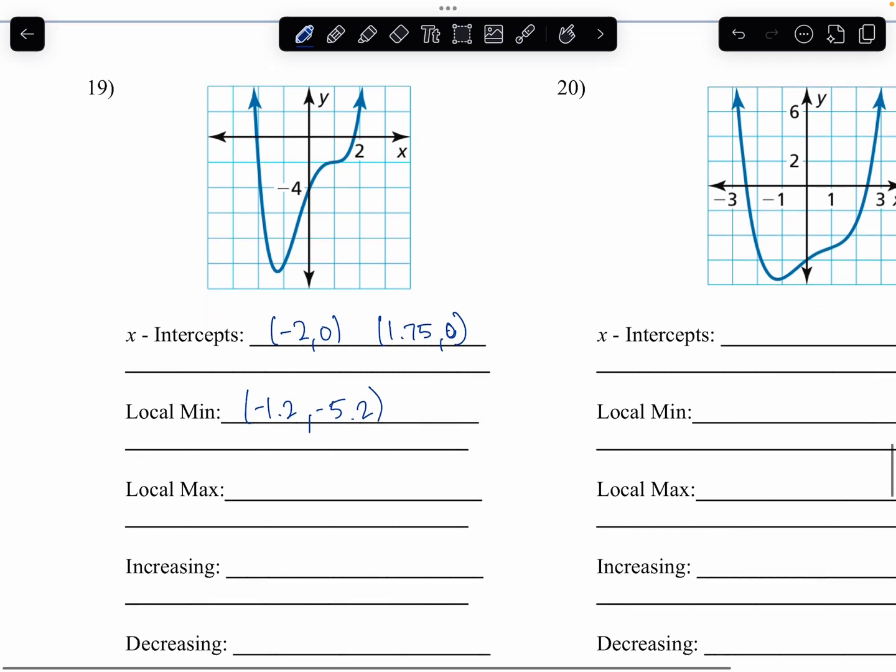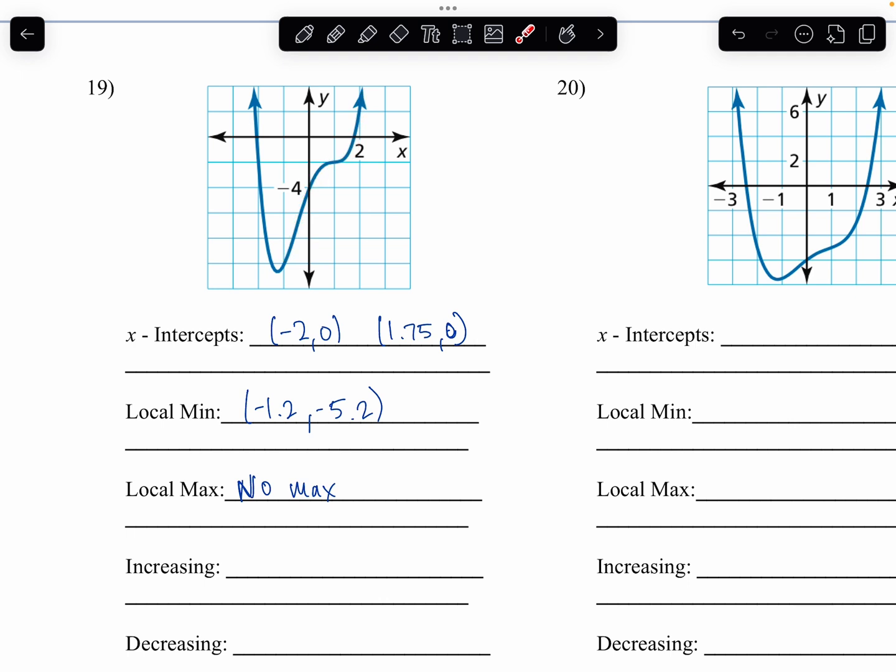And the maximum, there is no maximum here. No local maximum or maximum just in general. This doesn't count as a maximum. This is actually referred to as a shelf because it increases and then it stops increasing, but then it just increases again.